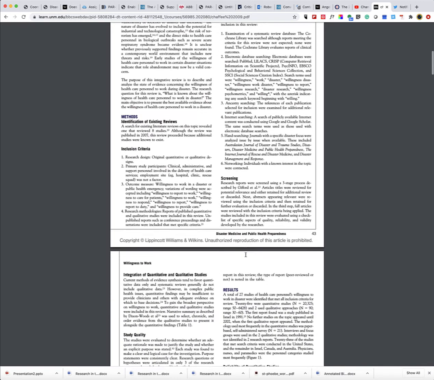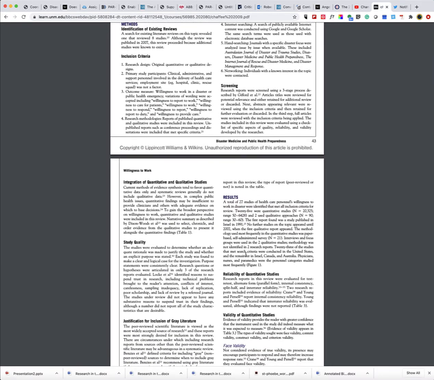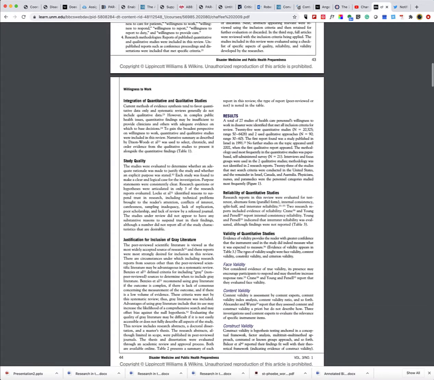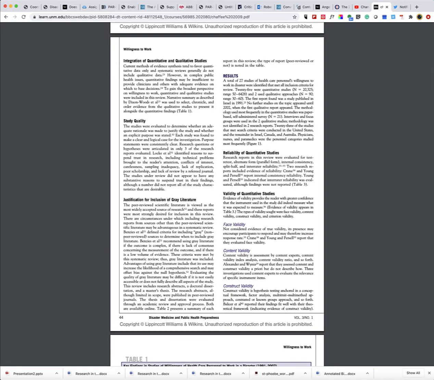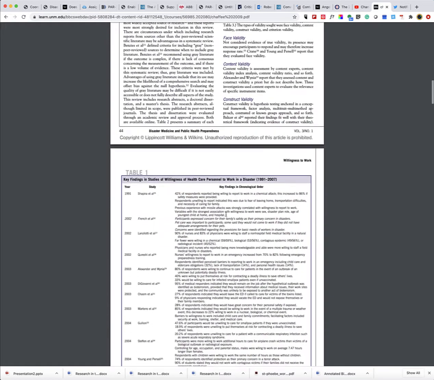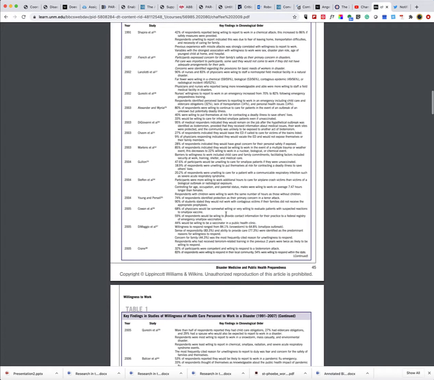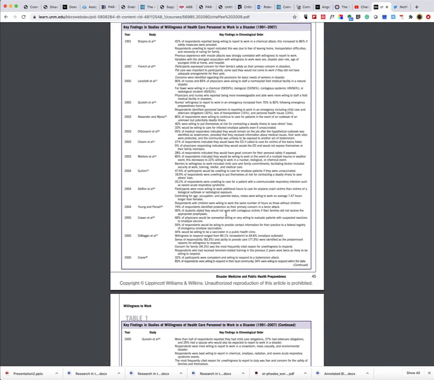It then talks about how she screened her articles. She talks about the quality, the justification. And then again, if you come down to the table, she did a really great job with her tables. And remember all the qualitative and the quantitative articles that I suggested that you put in a table?